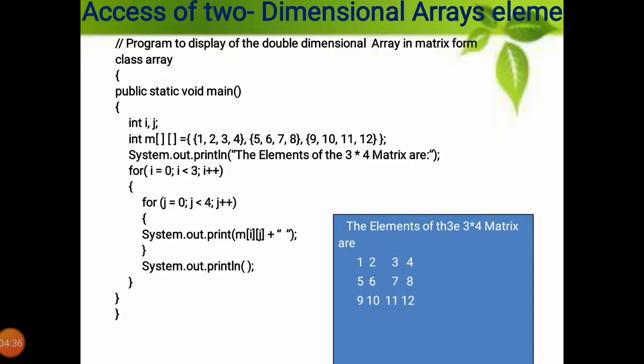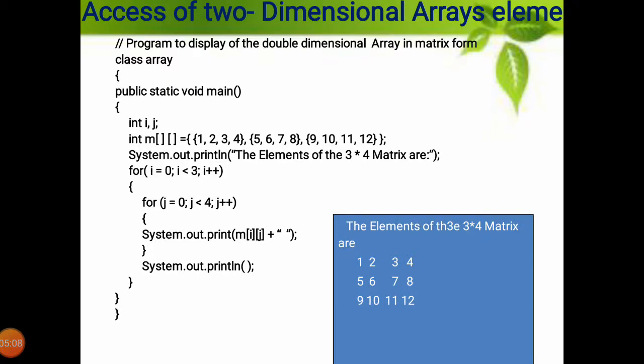In the first for loop, i is equal to 0 and i is less than 3, because the array has only 3 rows: 0, 1 and 2. In the next for loop, j is equal to 0, j is less than 4, j plus plus. Less than 4 means 4 columns: 0, 1, 2, 3.